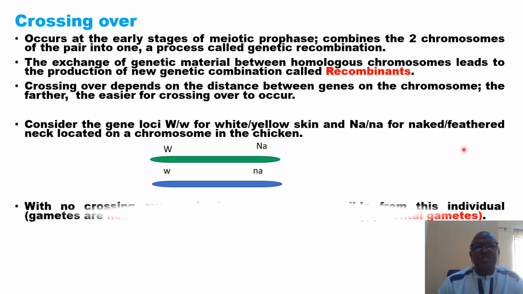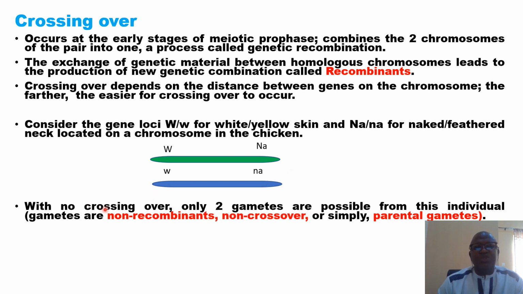This is the chromosome of the chicken. So when there is no crossing over, there are only two possible gametes that will be formed from this chromosomal interaction. At this stage, we refer to them as non-recombinant, non-crossover, because there's no crossover. And it is safe to simply call them the parental gametes.